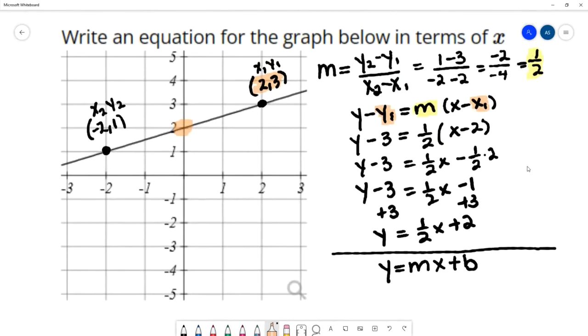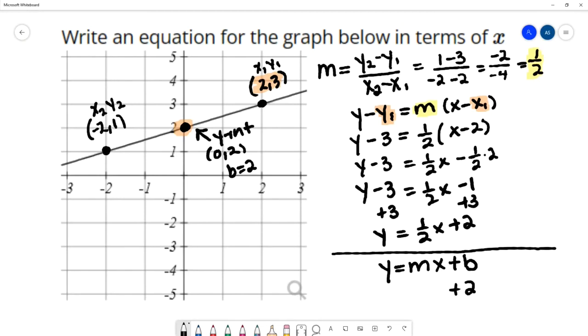So let me label that y-intercept. That ordered pair is 0, 2. So that gets us the value of b being 2. So in my slope-intercept form, b is 2.